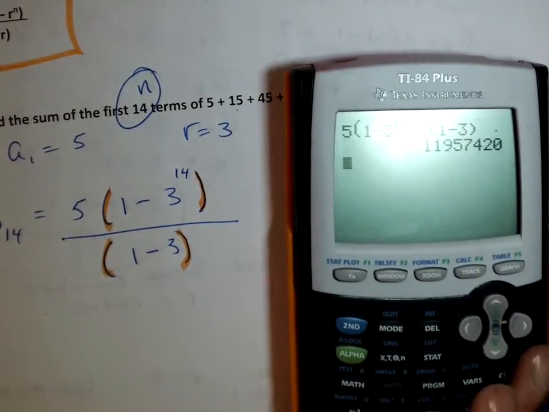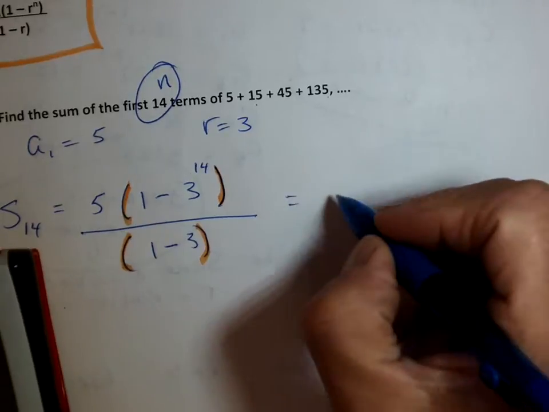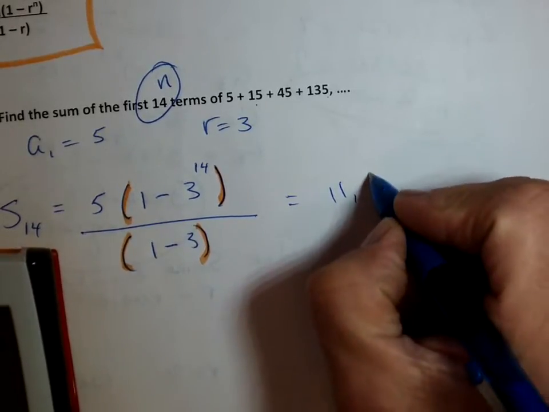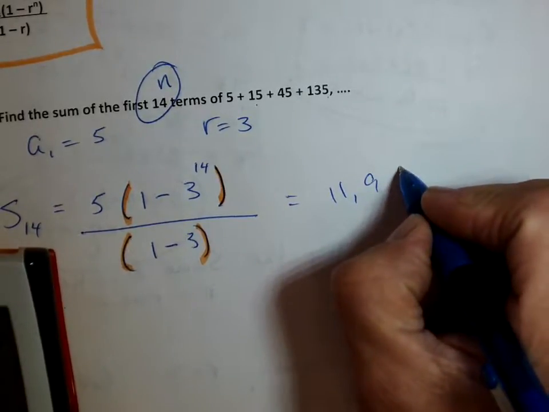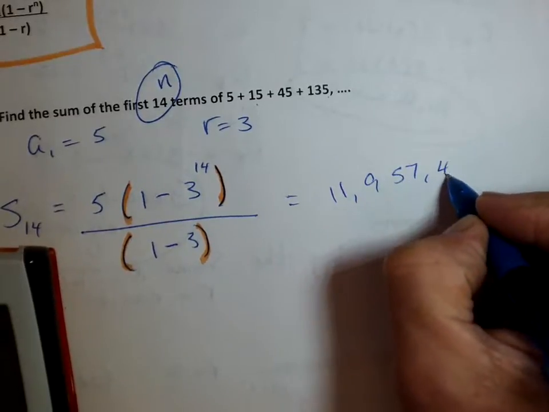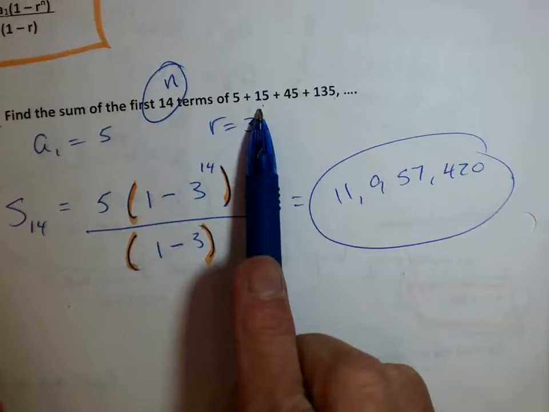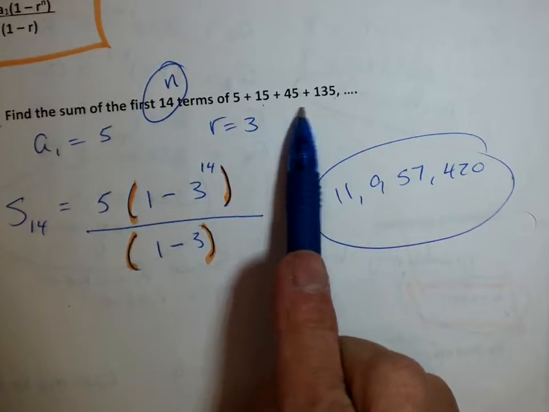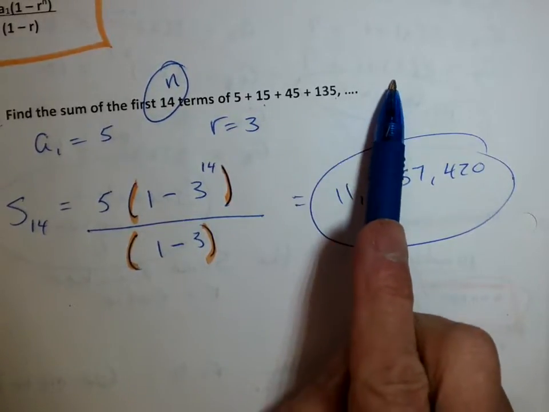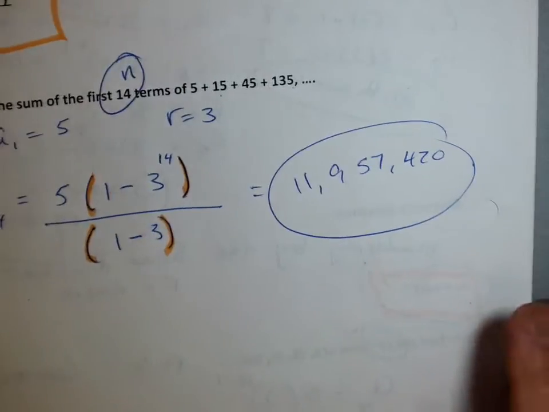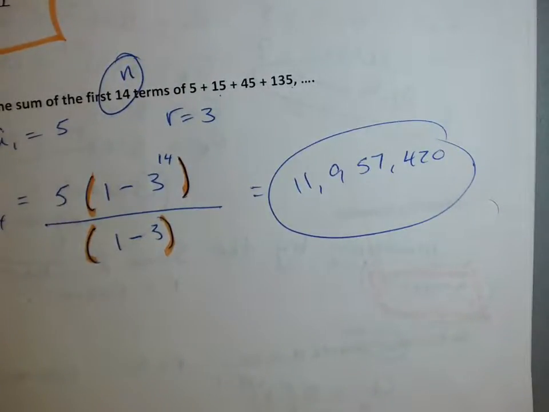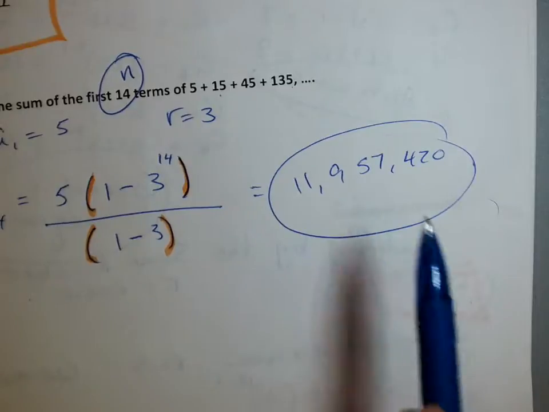Looks like 11 million. So the sum would be 11,957,420. That's if you went 5 plus 15, you get an answer, plus 45, plus 135, plus the next one, until you've added all 14 terms, and you get 11,957,420.